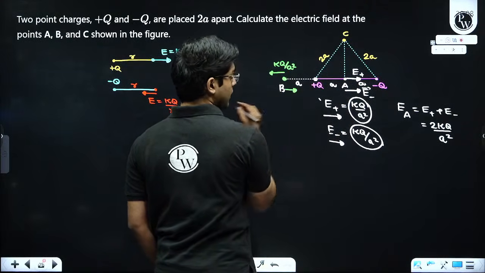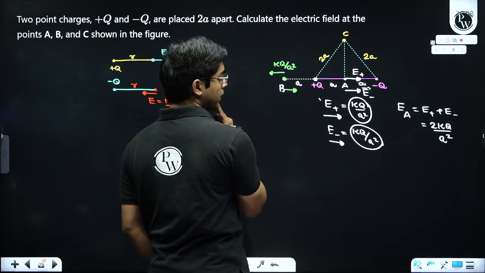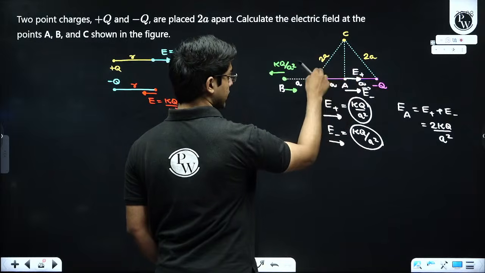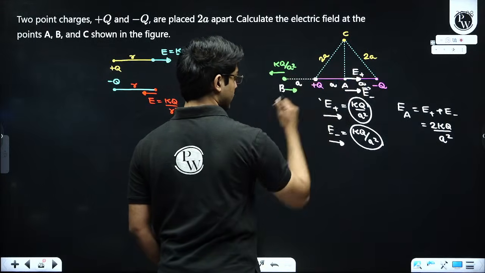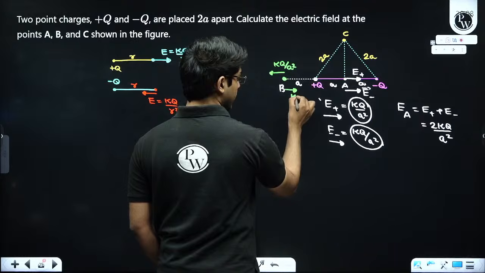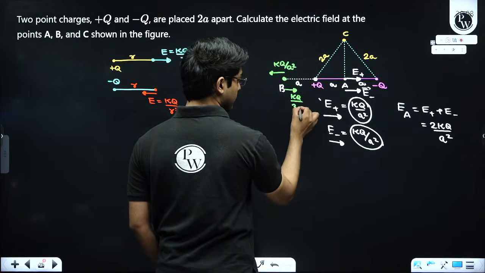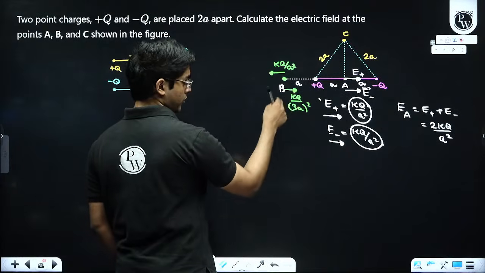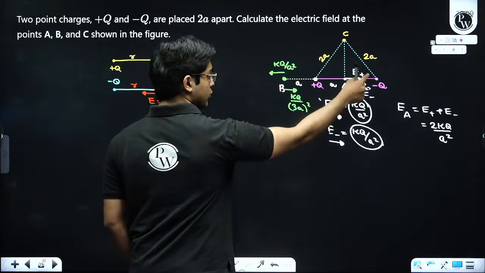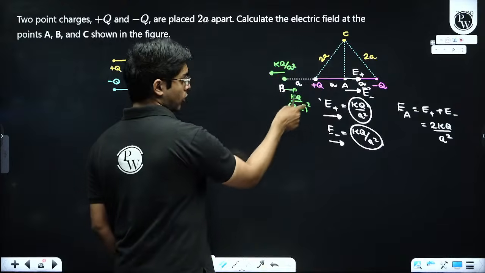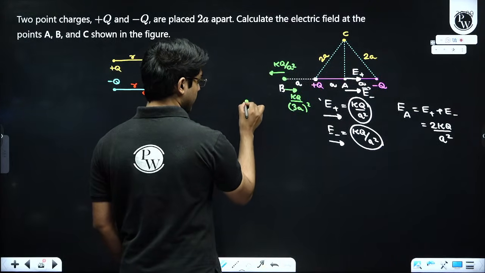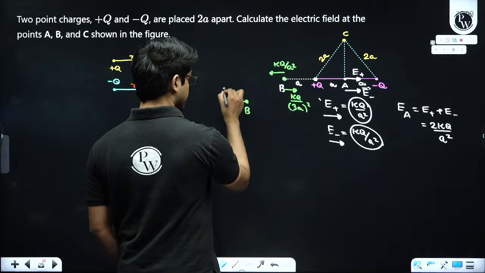But the field is going to be different because the distance from minus q is 3a, right? a plus a plus a, so 3a. So the field here is kq divided by 3a, the whole square. This is a very tiny contribution, because the minus q is much farther away from B, so its contribution is very small. So the net field at B will be in the left direction.